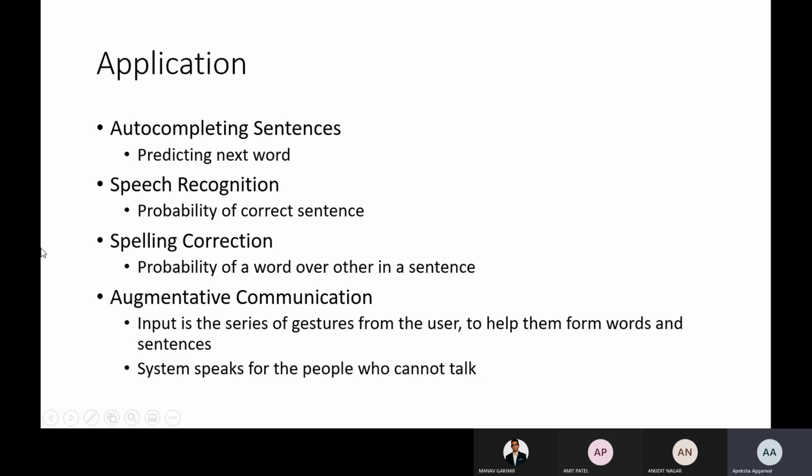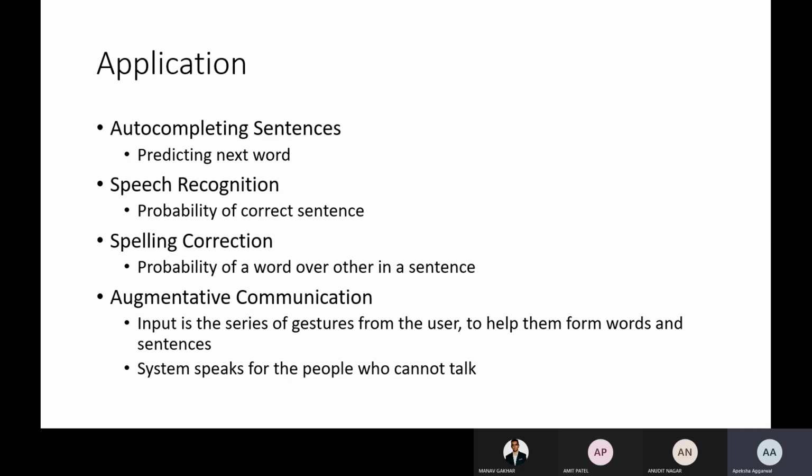Another application is speech recognition. Suppose someone is saying "I". It can be the body part, eye, or it can be me. So there are two meanings of "I". If I'm speaking, "I'm writing this", definitely the eye is not meant; it means I'm talking about myself.